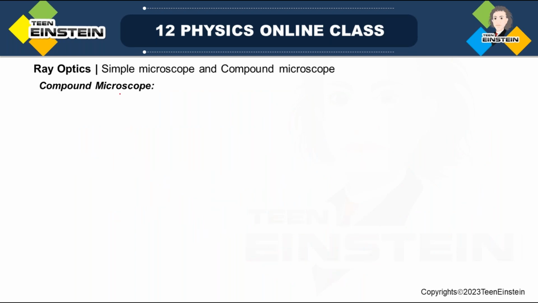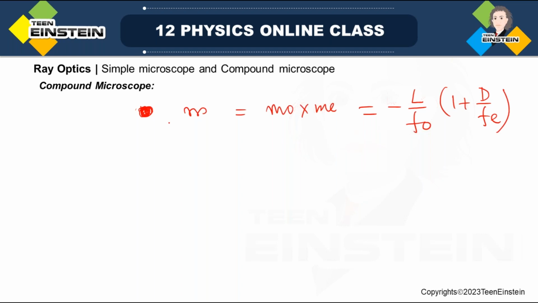So for the compound microscope, there are two settings. M is Mo into Me. This will be minus L by Fo whole into 1 plus D by Fe. This is when the image is formed at D. Okay, this is what it is.